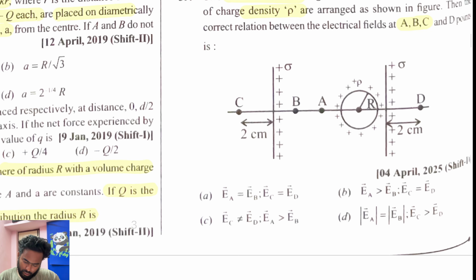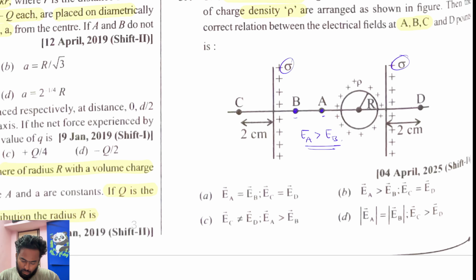Electric field at points A and B. Due to the plates, sigma, the electric field at A and B will be the same, but due to this charged sphere, A and B will be different. So the electric field at A will be more than the electric field at B.